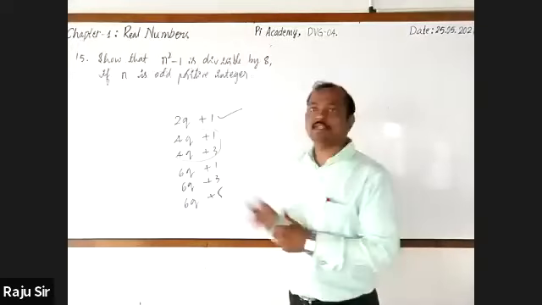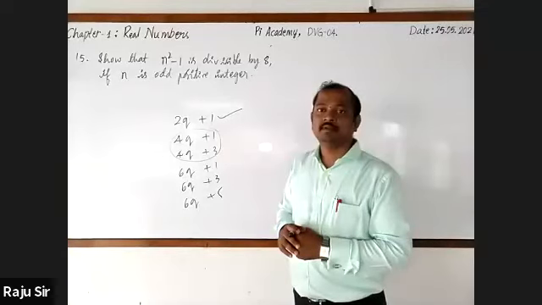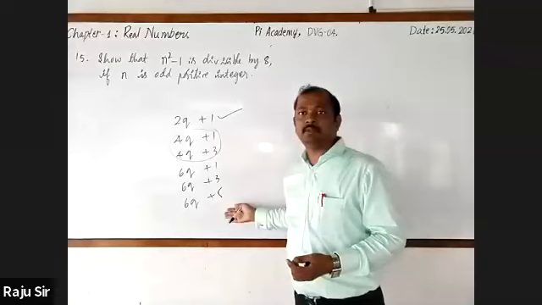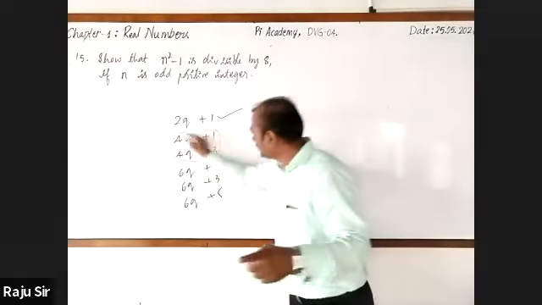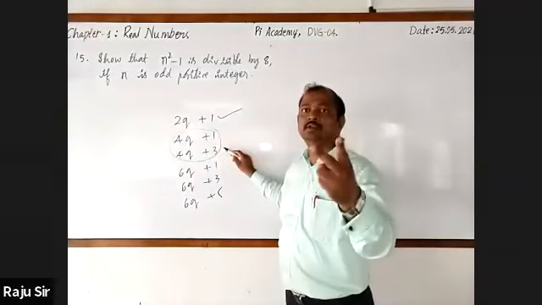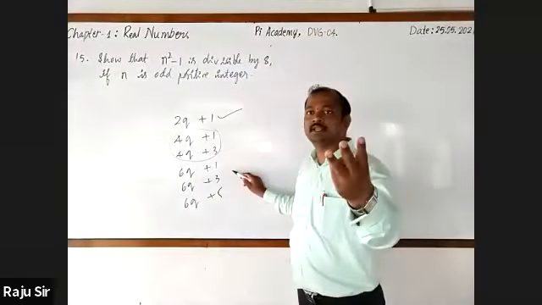Yes, sir. Any of these can be taken. If you take the first one, you'll get only the first case. If you take 4q, you'll get 2 cases. If you take this, you'll get 3 cases.